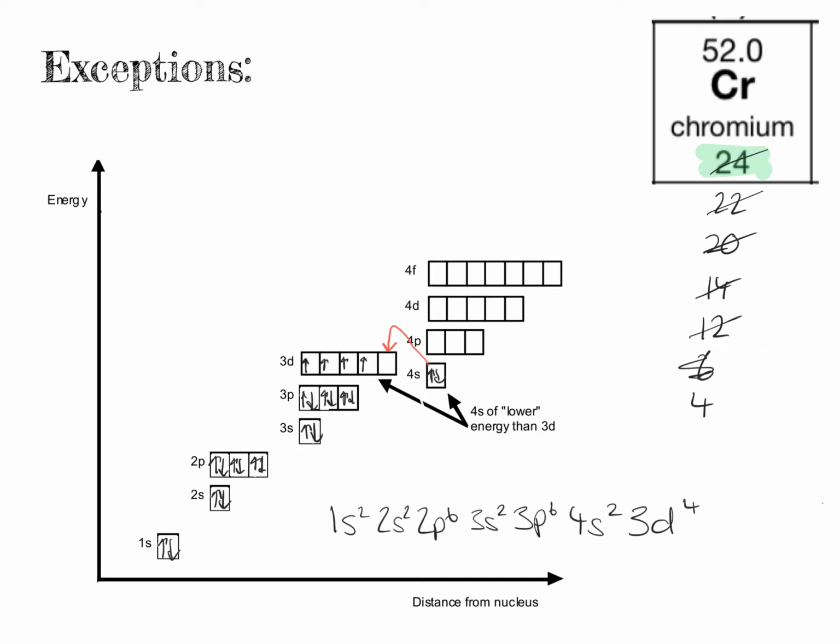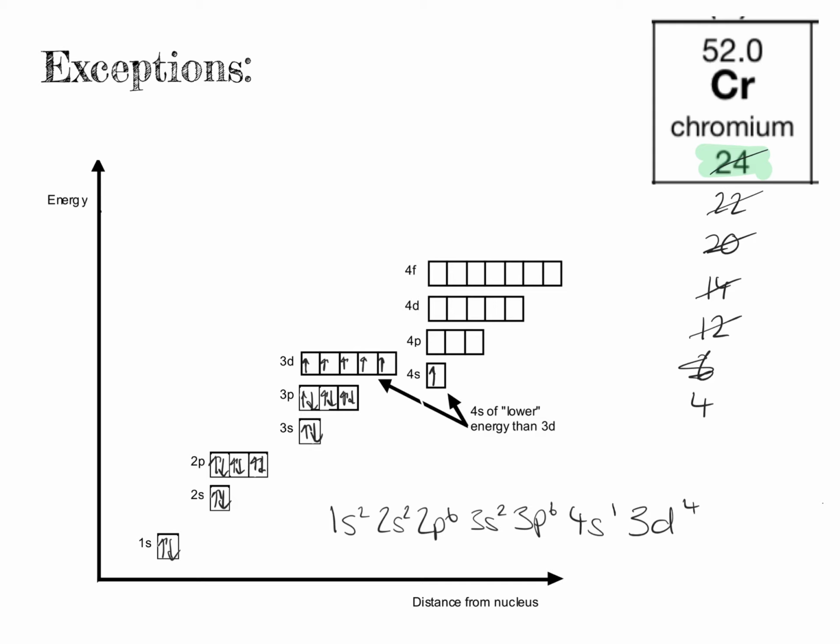So exactly the same idea as with copper, except this time we're going for a half-full 3d sublevel rather than a complete 3d sublevel. Okay, so we'll take that and we'll move it over. So the 4s only has 1 electron in it now, and its other electron moves up into the 3d sublevel. So to change our electron arrangement, we've still got 1s2, 2s2, 2p6, 3s2, 3p6, but we've now got 4s1.